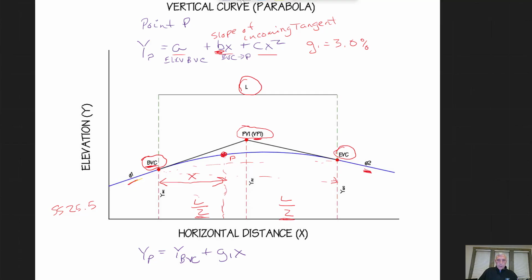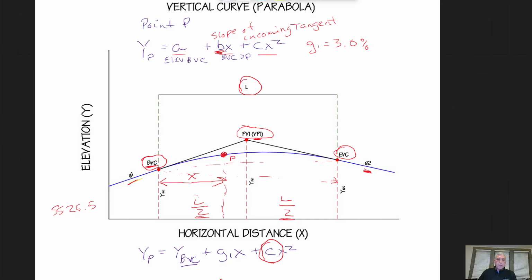So then to continue, Y, the elevation of any point on the curve, is equal to the elevation at the BVC plus the incoming grade times that horizontal distance to P, plus some number CX squared. So the only thing we haven't really defined yet is what this C is. Okay?